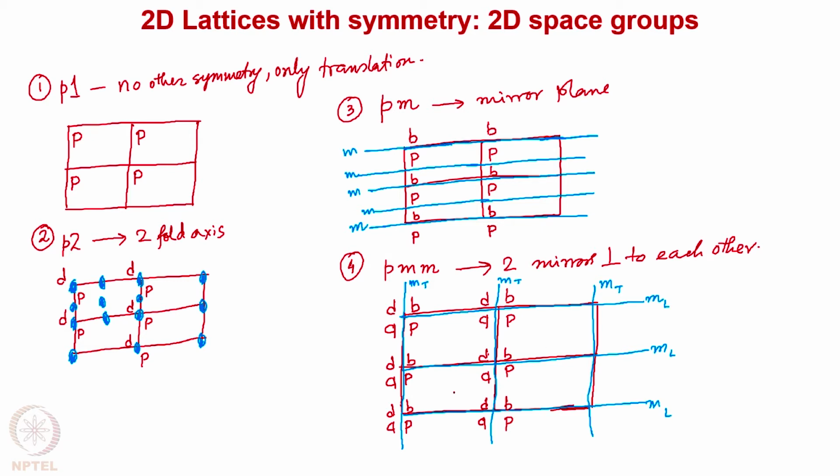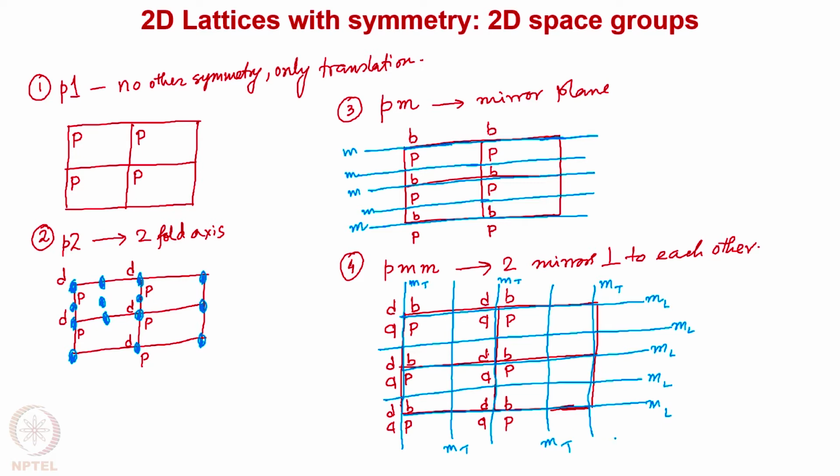So now what has happened, if you look at this particular drawing very carefully, first of all, because of parallel MLs that we have here, we have generated one additional longitudinal mirror through the middle of the unit cell, and one transverse mirror through the middle of the unit cell as well, perpendicular to that. So this diagram completes the PMM.